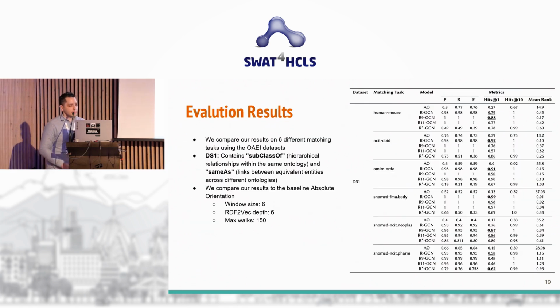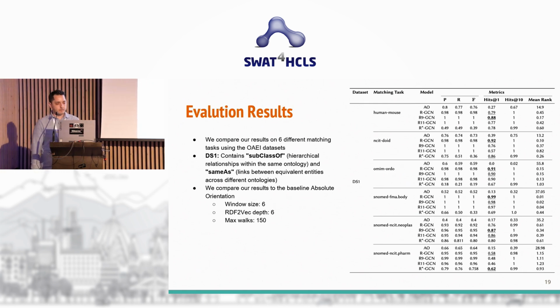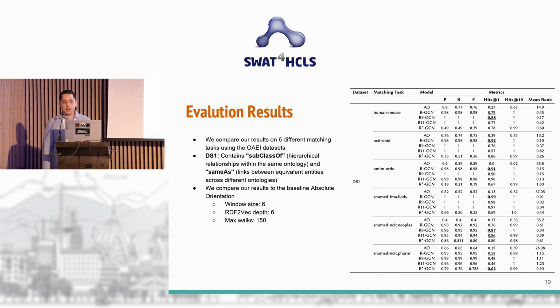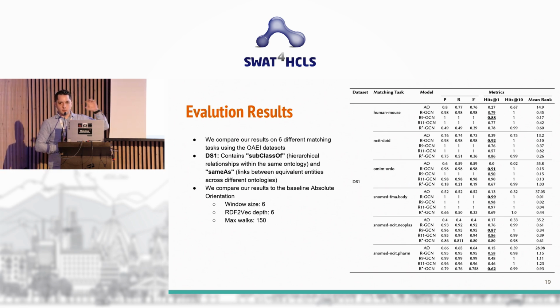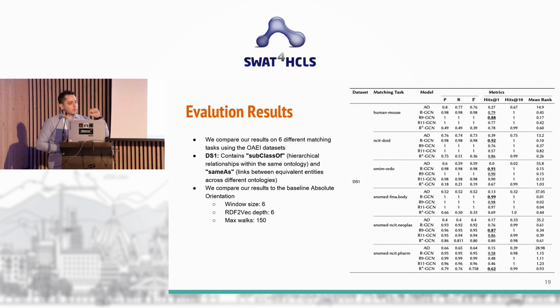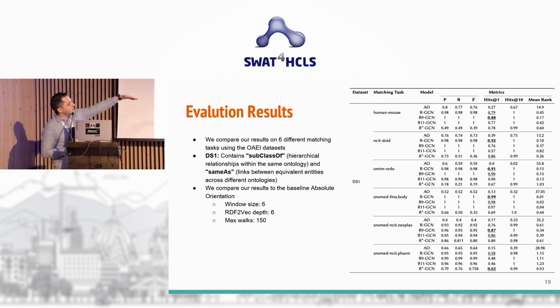Yeah, so this is the first set of our results. We divided the tasks into 3 separate experiments. DS1, the first task, is where in each respective ontology we only have the subclass relation, and between the nodes of 2 ontologies, we keep all the same-as relations. We then embed these, and we do it across 6 of those OAEI tasks for pairwise ontology matching.